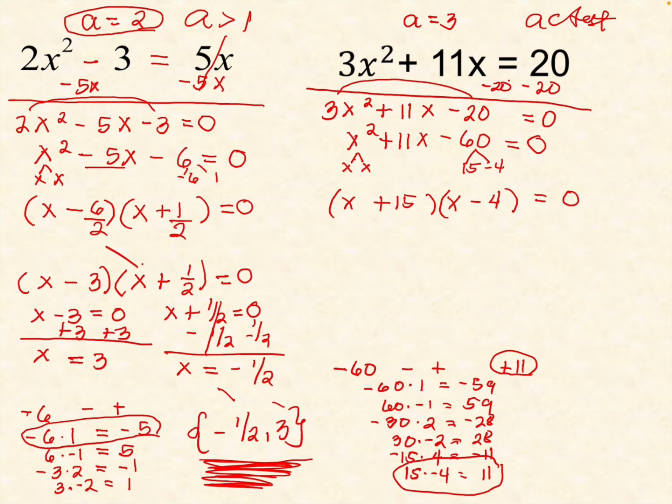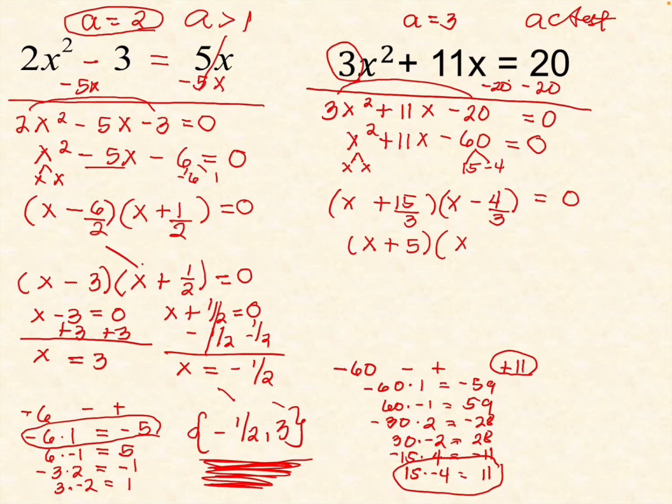Okay? Do not forget what is our A. Our A is 3. So we're going to divide both factors by 3. Again, you're just going to do this if your A is greater than 1. So you now have x plus 15 divided by 3, that is 5.